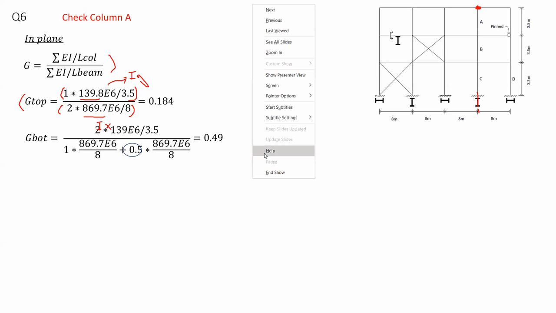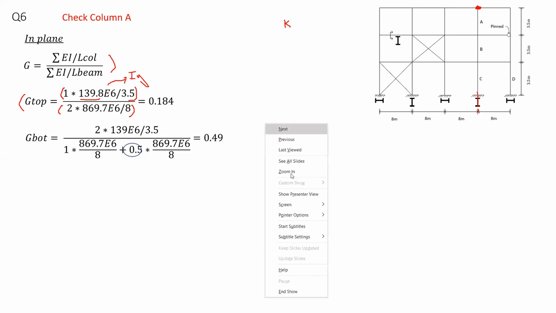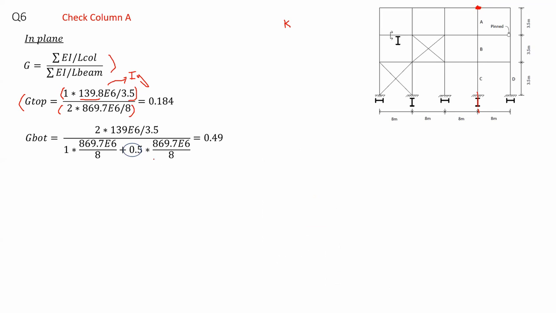Now I have to consider also the G bottom. Now, if we consider the G bottom, I'm at this point right now. Again, for column A, at the G bottom, I have now two columns connected to this point.